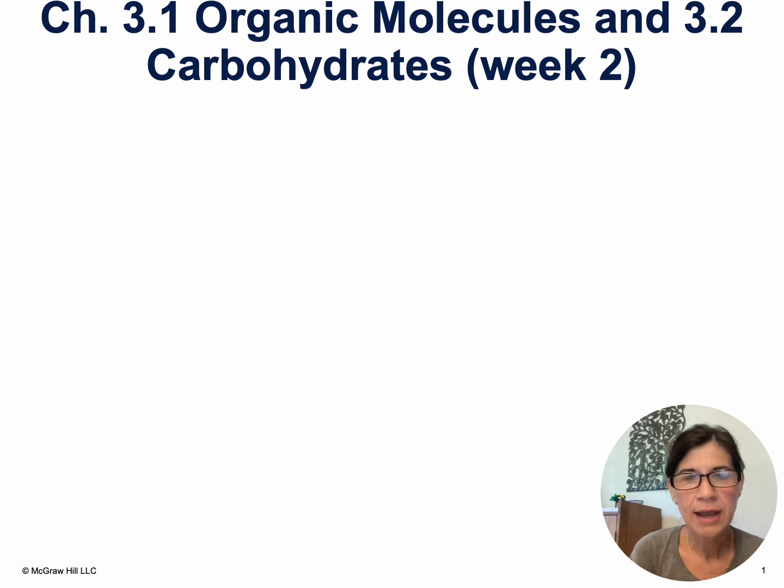I gave you that little acronym, CHNOPS: carbon, hydrogen, oxygen, nitrogen, phosphorus, and sulfur. Today, we're going to talk about how the atoms of those particular elements combine to make what we refer to as the biomolecules, the molecules that make up living things.